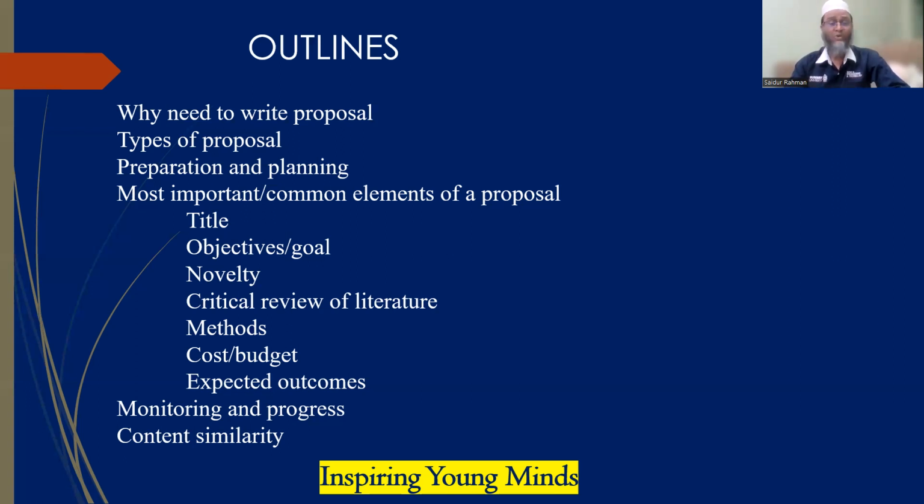If it is found that content similarity is very high, it may reflect that researchers are not serious about ethical matters, and as a result, the project might be rejected. As you know, funding is very competitive, so the funding agency always will be looking for some faults, some flaws, some issues in the proposal so that they can reject it.